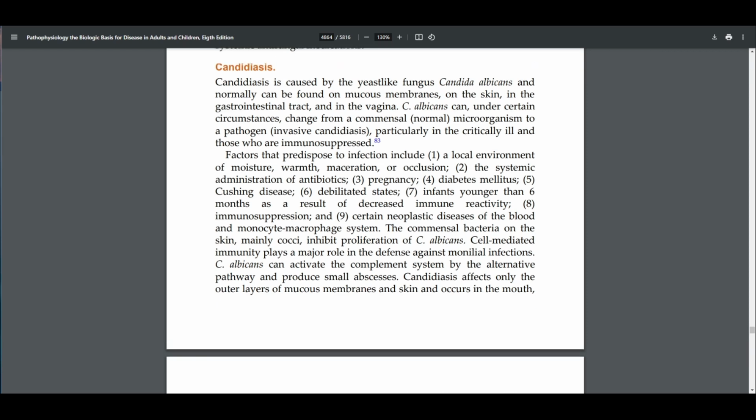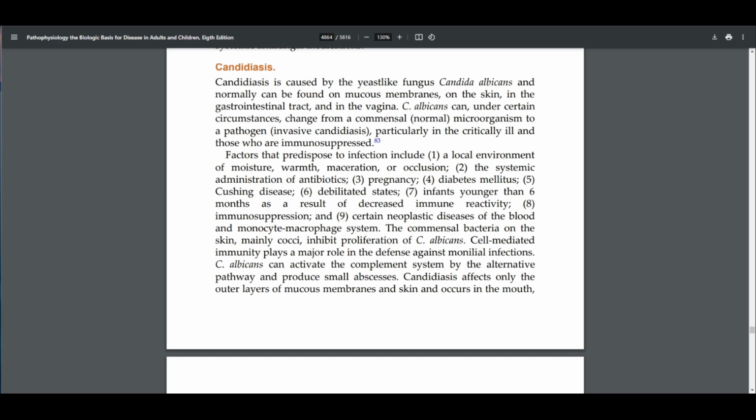Candidiasis. Candidiasis is caused by a yeast-like fungus, Candida albicans, and normally can be found on mucous membranes, on the skin, in the gastrointestinal tract, and in the vagina. Candida albicans can, under certain circumstances, change from commensal microorganism to pathogen, particularly in the critically ill and those who are immunosuppressed.